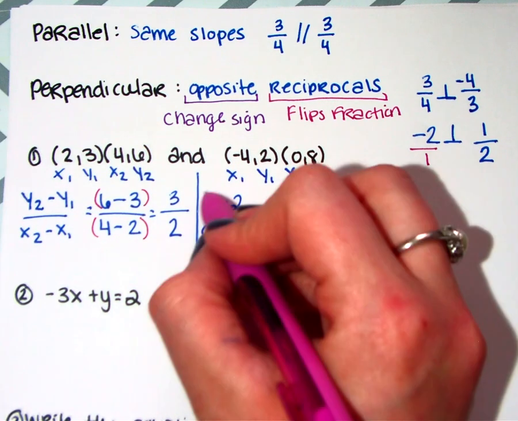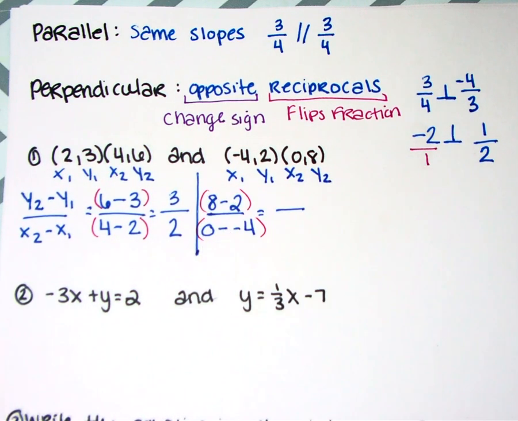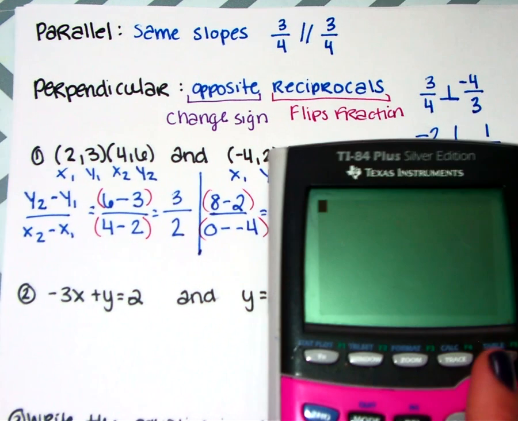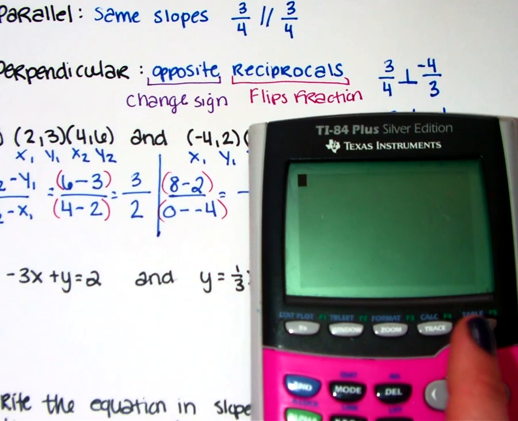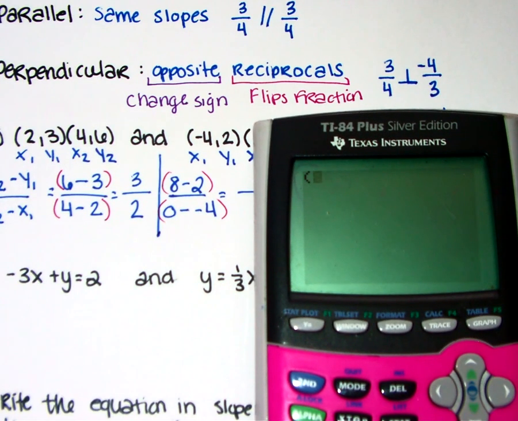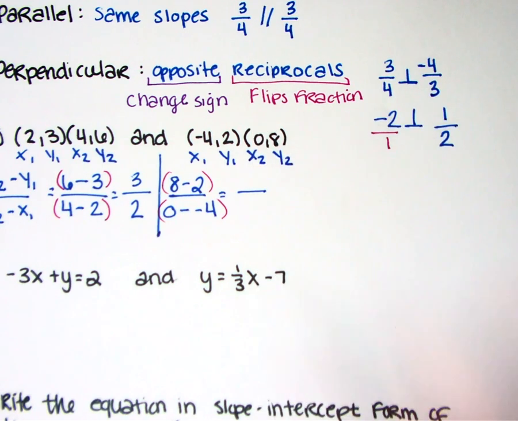Again, typing this directly into your calculator, just make sure that the numerator and denominator are both put into parentheses so we can simplify faster. So parenthesis 8 minus 2, and then divided by 0 minus -4. Again, we get a decimal. 3/2 is our reduced fraction.